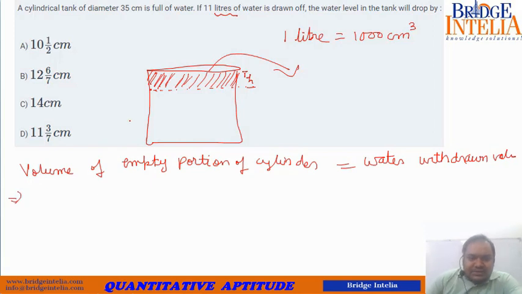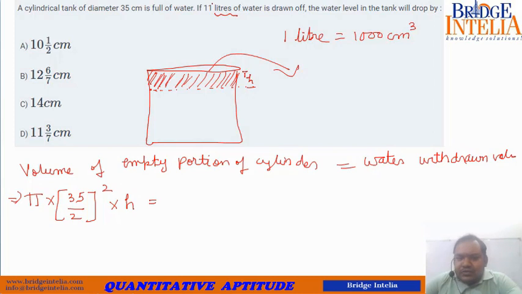So this empty portion is actually in the form of a cylinder. So I can say that pi r square, so radius is 35 by 2. So pi into 35 by 2 whole square, pi r square into height. This is what we are trying to find, that by what will it drop, into h. H will be the drop in water level. So this must be equal to the volume of water withdrawn.